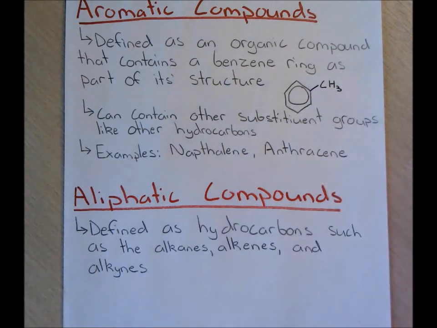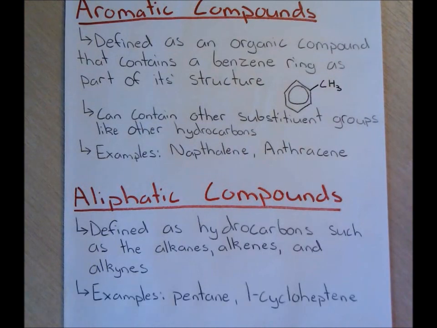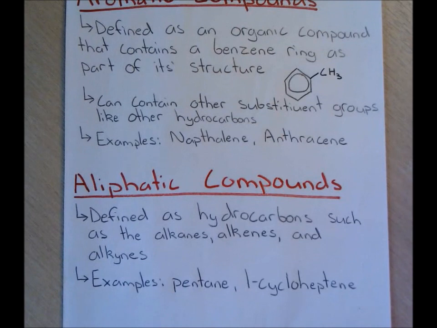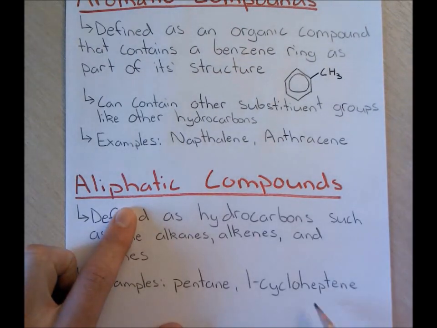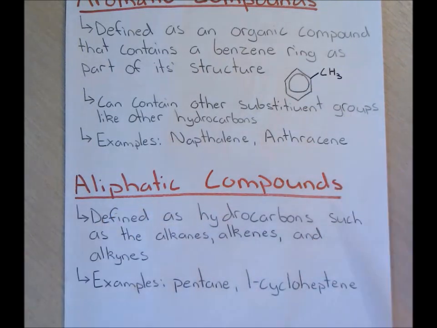Something such as pentane or 1-cycloheptene could be an example of these aliphatic hydrocarbons. And I do just want to point out here that these aliphatic hydrocarbons can be cyclic compounds. They just can't have that aromatic ring of benzene.